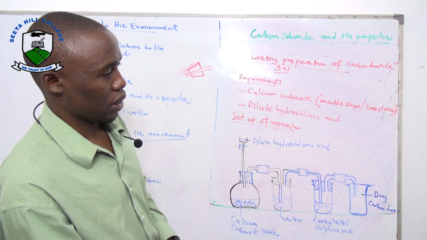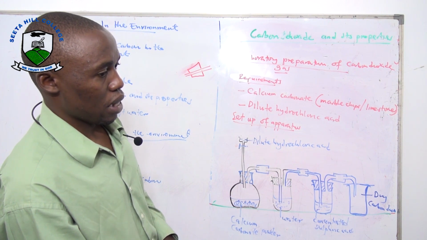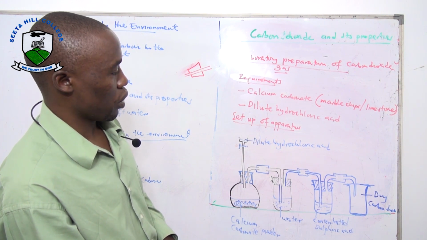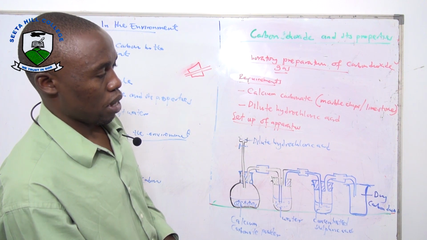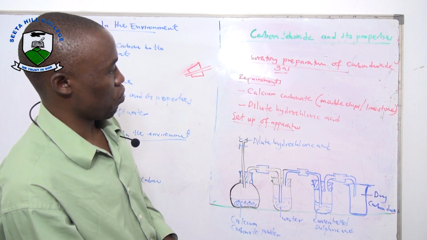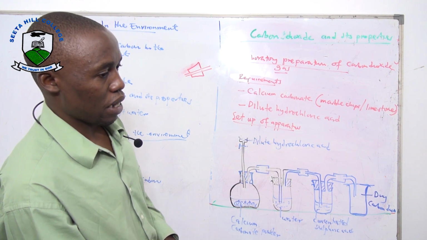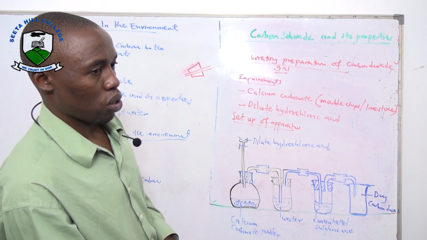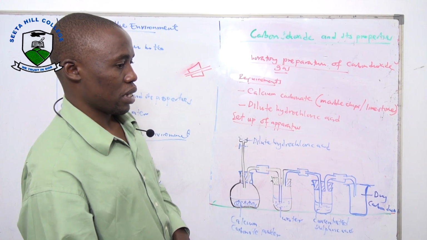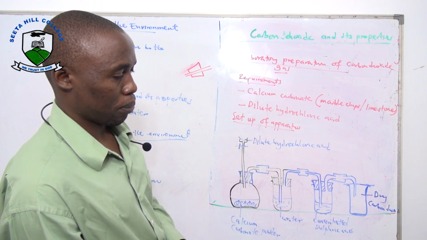Most fossil fuels can produce carbon dioxide. Therefore, the way to check that a fossil fuel produces carbon dioxide is to burn the fuel and connect it to a supply of lime water, to where lime water is.